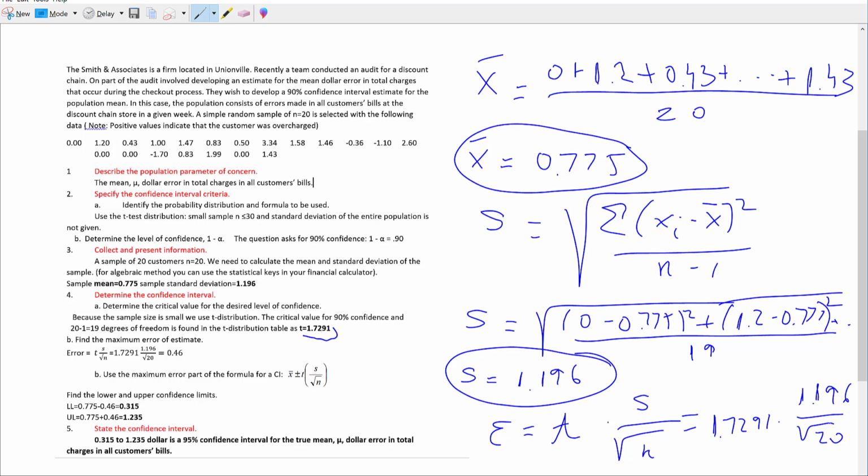If we calculate this error, we have .46. Now we use this margin of error to build the confidence interval. We add and subtract this error from the mean of our sample to calculate the upper limit of this interval, respectively the lower limit of the interval.